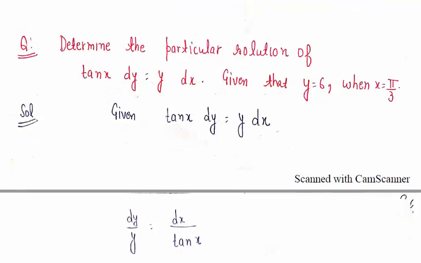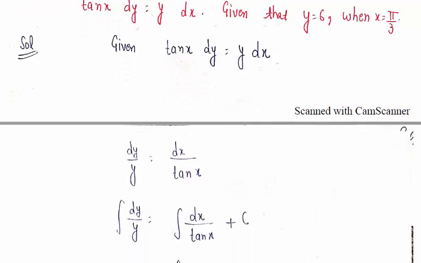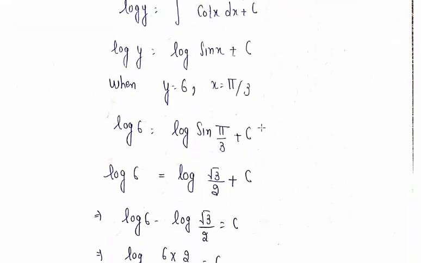So to find the particular value of the constant, we use the condition given that y equals 6 when x equals pi by 3. So we put x equals pi by 3 and y equals 6. Log 6 equals log sin pi by 3 plus c, and we know that sin pi by 3 is root 3 by 2.